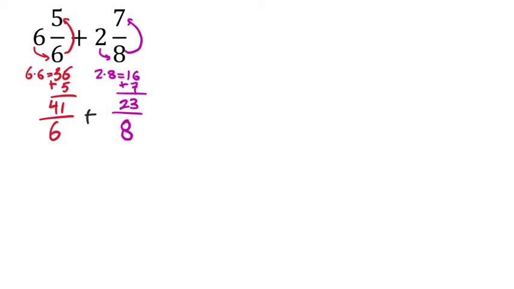I just need the denominators to match, right? So without finding the lowest common denominator, because it's not necessarily needed, I'm just going to take the 6th denominator multiplied in the numerator and denominator of the second fraction, so multiply it by 6. Gives us a new denominator of 48. 23 times 6, 120, 138 right there.